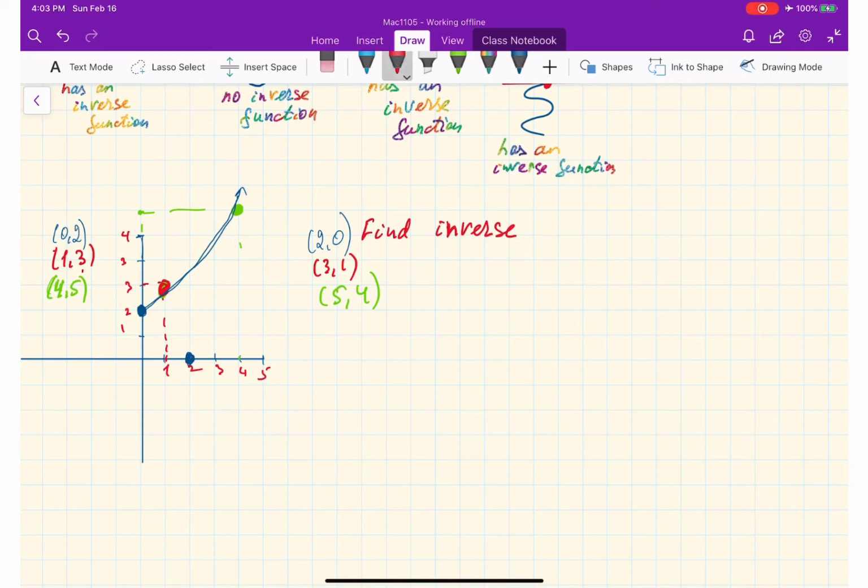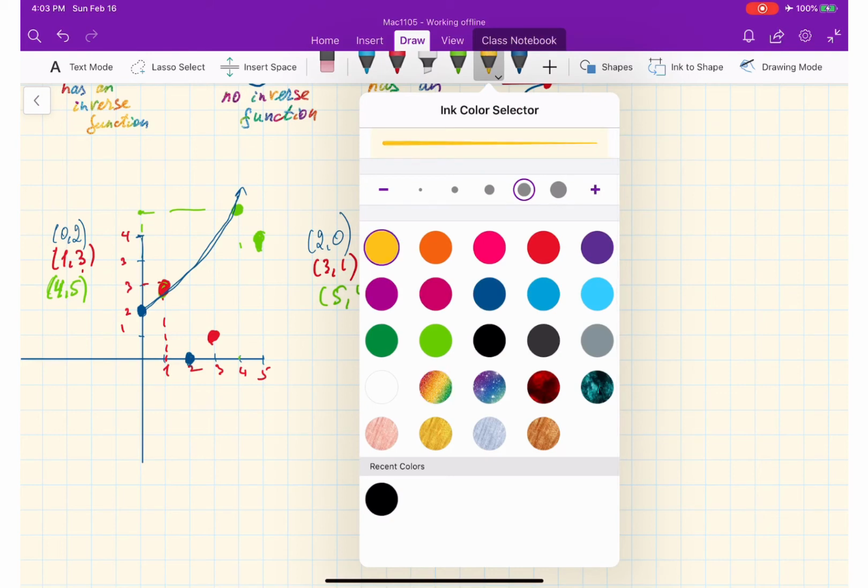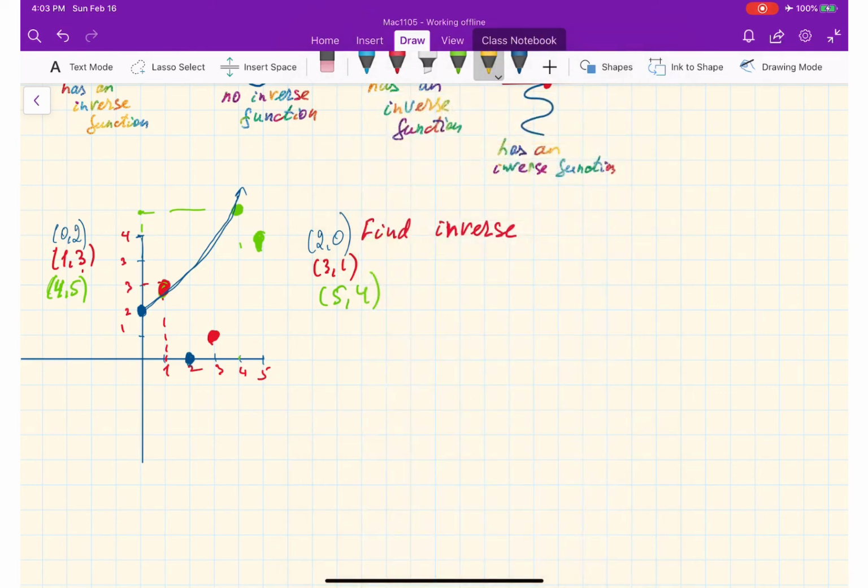And then 3 and 1, it's going to be right here. And 5 and 4. Okay, so the graph is going to look something like this.